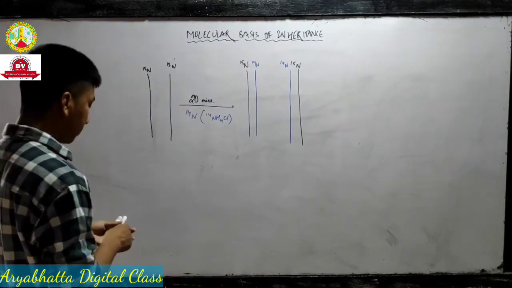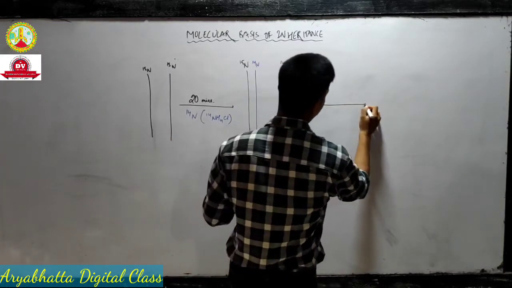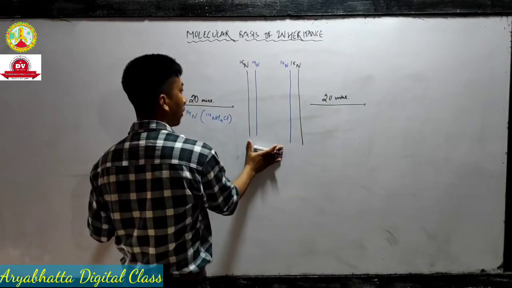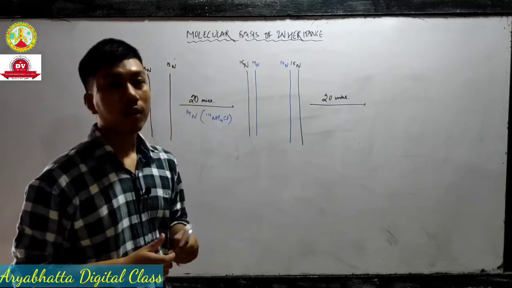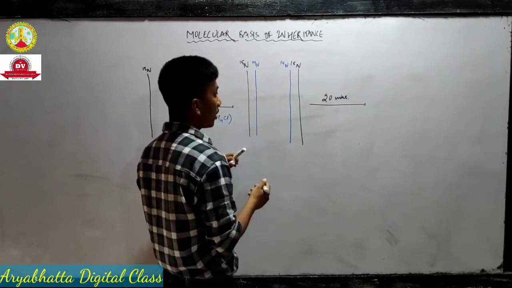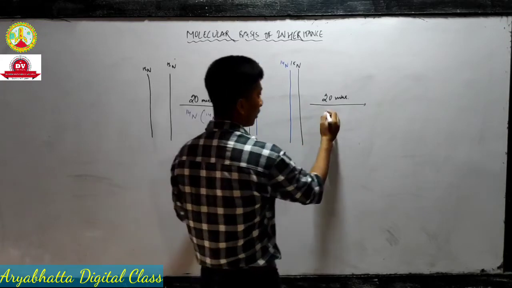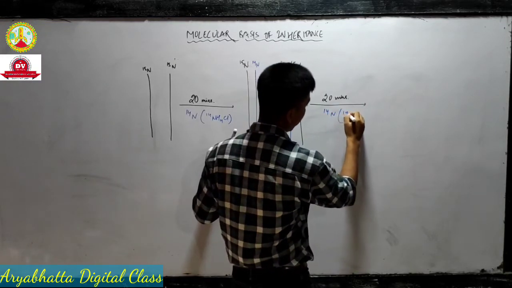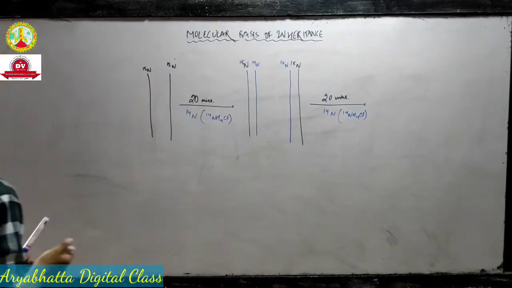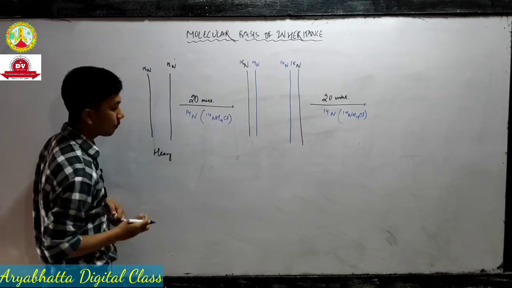To see that, they allowed those strands to replicate again, to reproduce the DNA containing those two strands using normal nitrogen in the form of NH4Cl. Okay, this was our heavy strand.